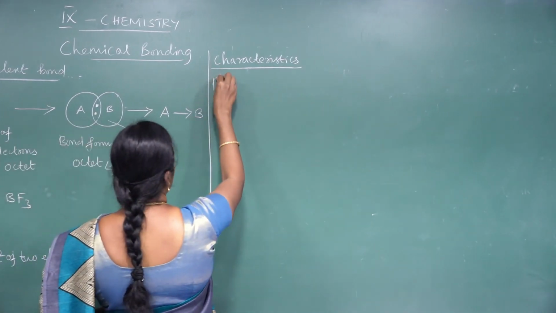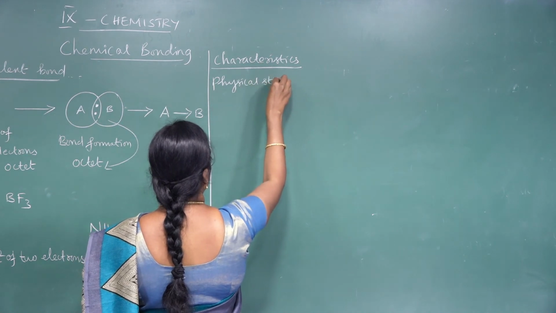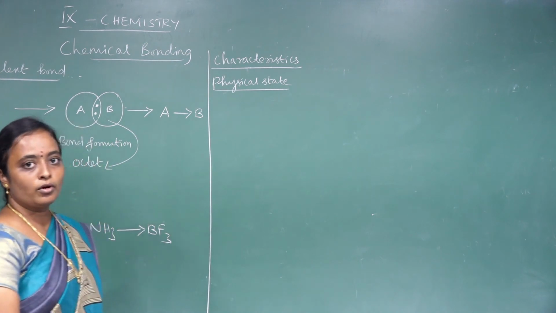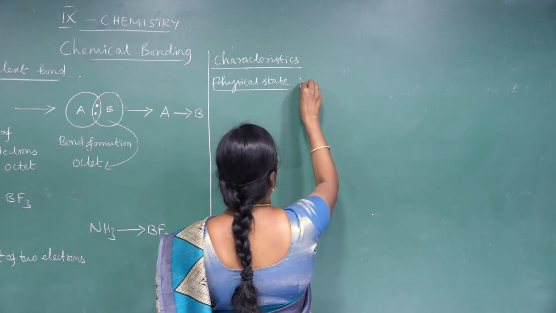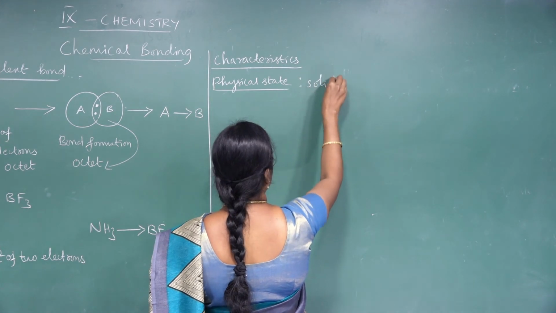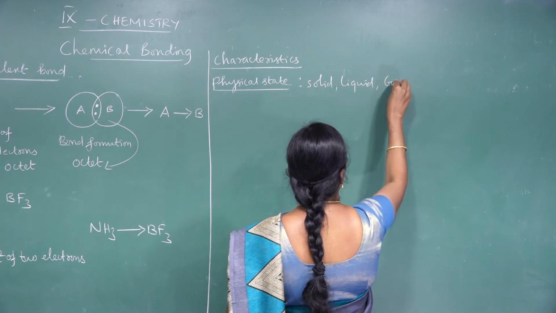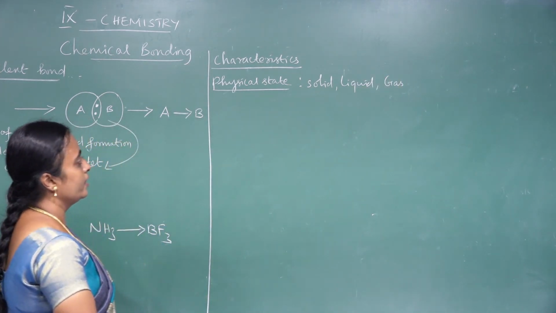If you take the physical state, a coordinate covalent compound can exist in all three states, that is, solid, liquid and gaseous state. There are three states in which the compound will be available.